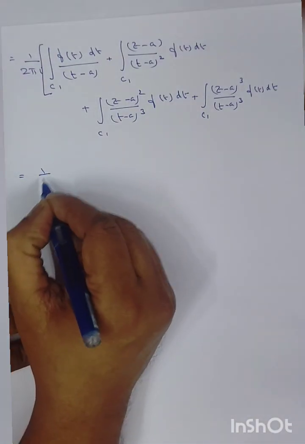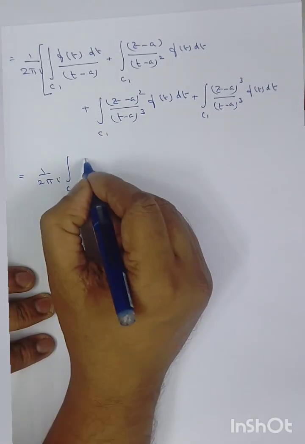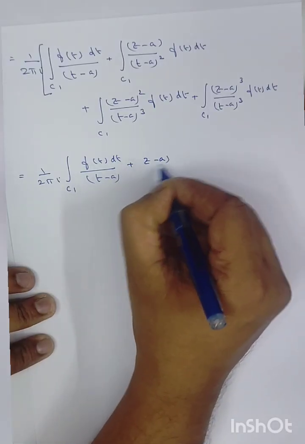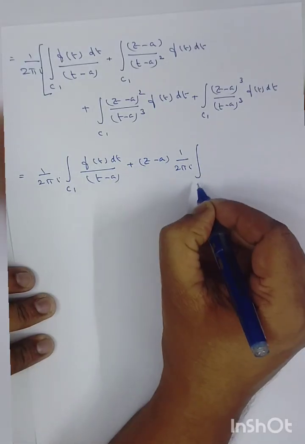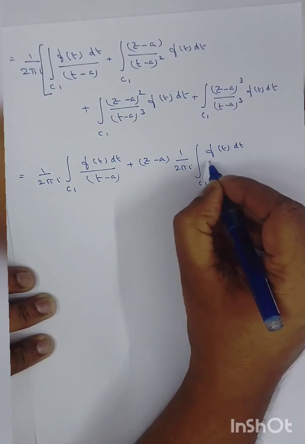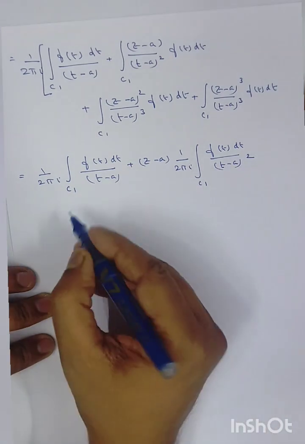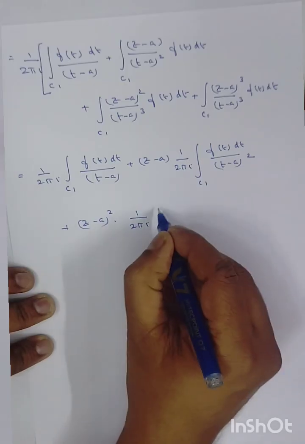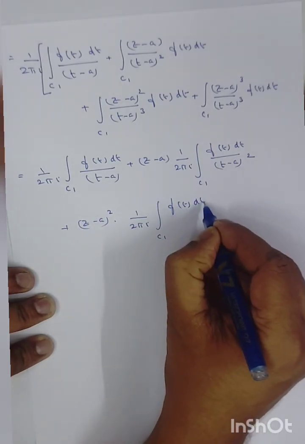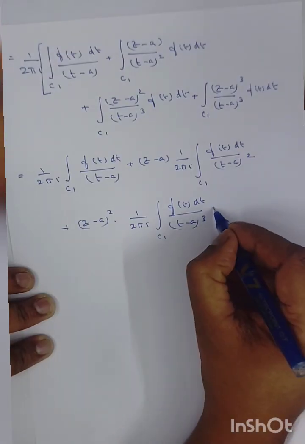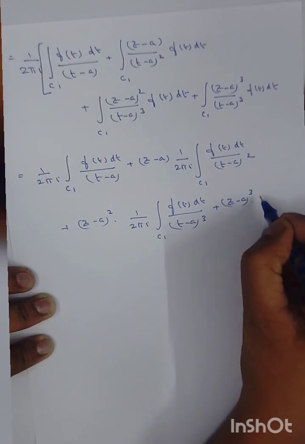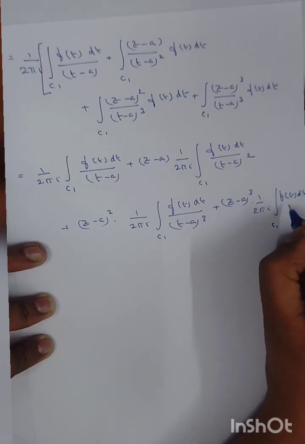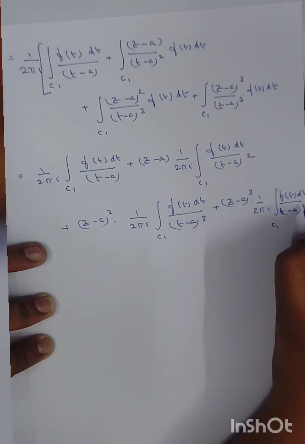Now 1 by 2 pi i c1 f of t dt divided by t minus a, plus z minus a into 1 by 2 pi i c1 f of t dt divided by t minus a the whole square, plus z minus a the whole square into 1 by 2 pi i c1 f of t dt divided by t minus a the whole cube, plus z minus a the whole cube into 1 by 2 pi i c1 f of t dt divided by t minus a the whole power 4.